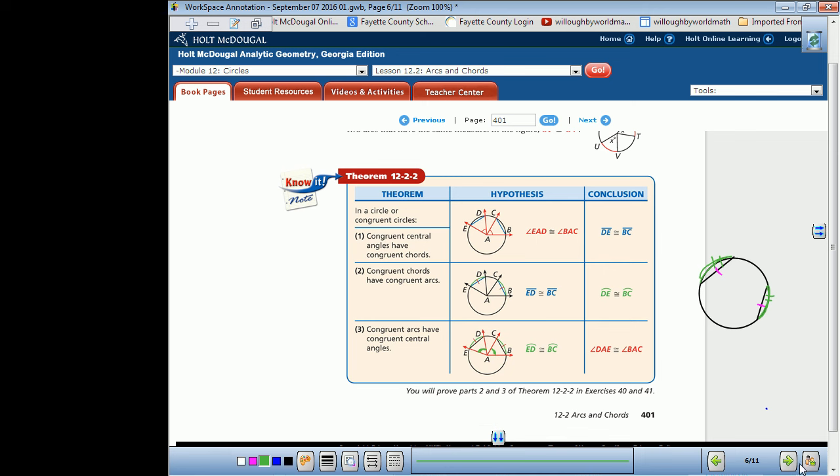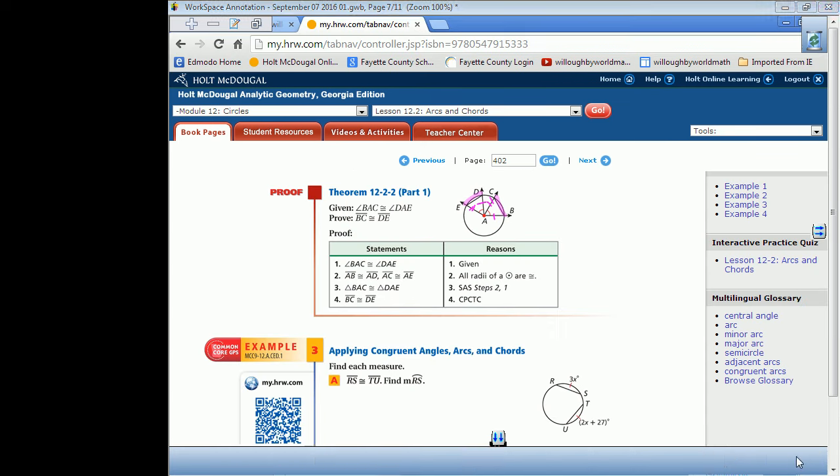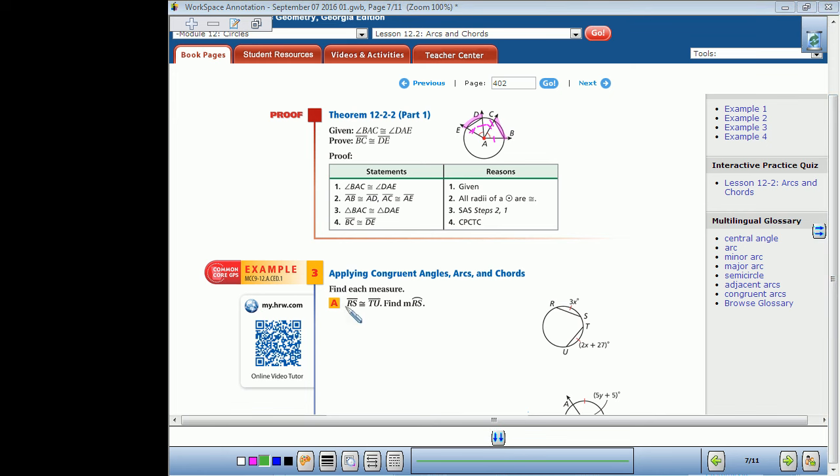Alright, and all these things we can use to solve for missing measures. It's nice. So we just did this one. Let's do this one. If RS is congruent to TU, so this chord is congruent to this chord, find the measure of arc RS. This was segment, that's the chord. This is arc, that's this. Well, we have congruent chords, so we also know we have congruent arcs.